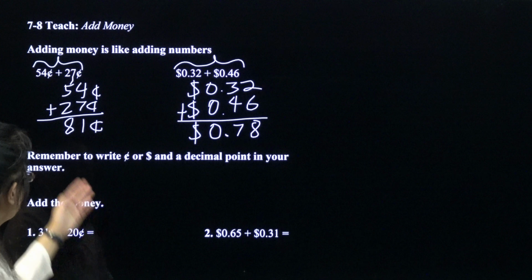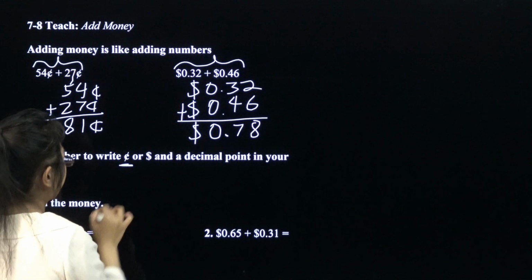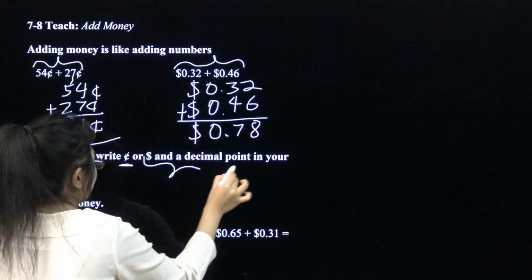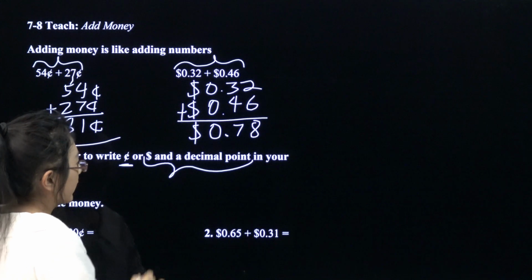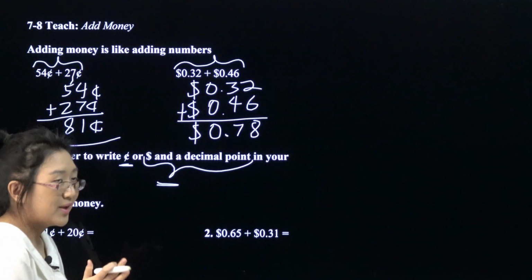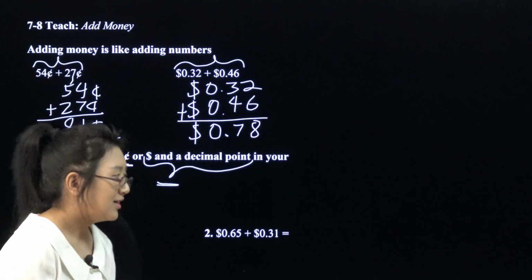All right. What we really need to remember is the cent sign, if we're using the cent method, or the dollar sign and decimal point, if we're using the dollar and decimal point method. Remember to put them in your answer, or else you might end up with some embarrassing things.